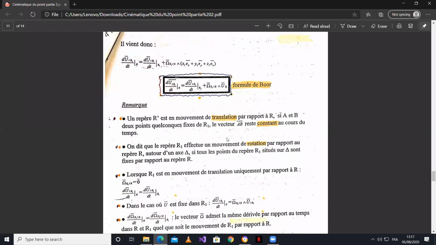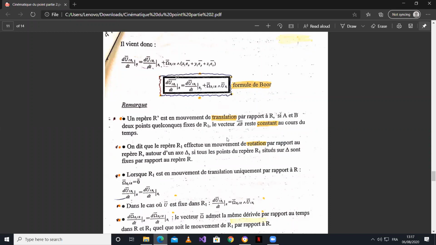So if you have two points A and B in a certain referential, and that referential is just being translated with respect to another referential, the direction and the value of AB will not change. I'm sure you guys know what translation is. Translation is just moving from one point to another. It's different from rotation.